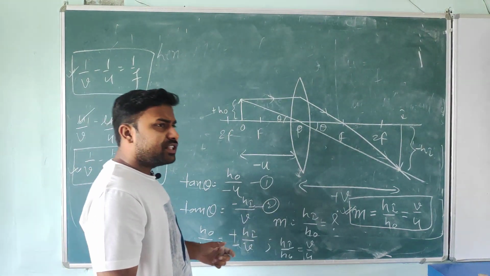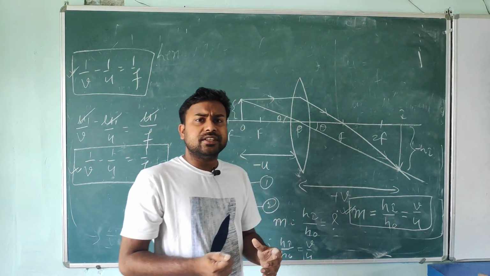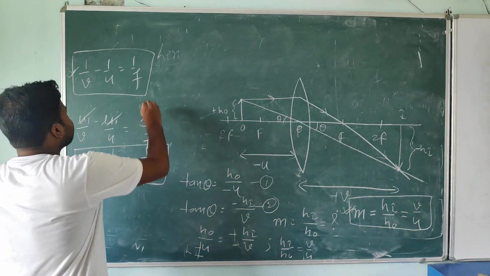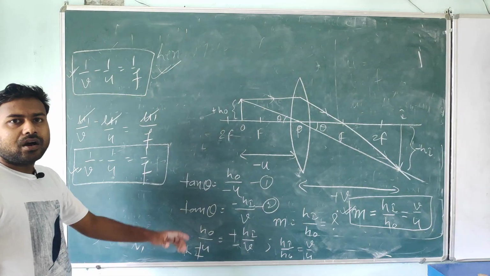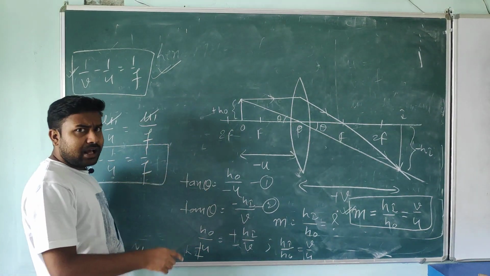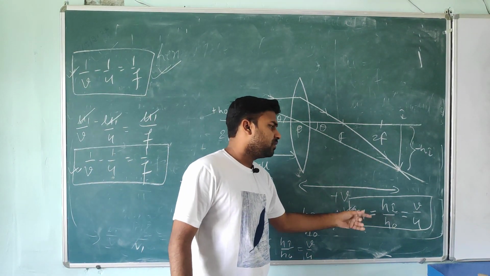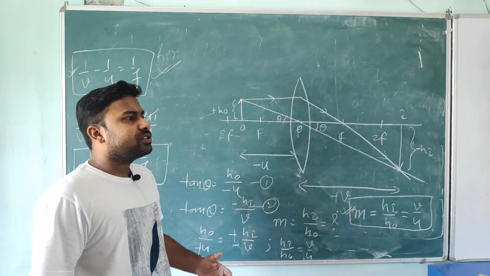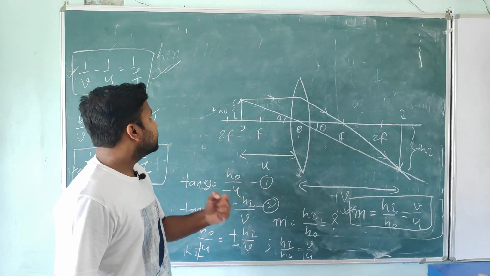Okay students, generally CBSE asks questions where you have to apply the lens formula or lens maker formula as well as the magnification formula. So you will get a question that is a combo with the lens maker formula.